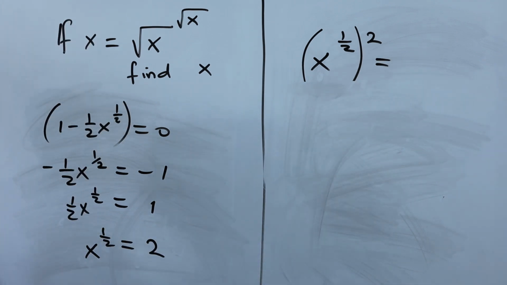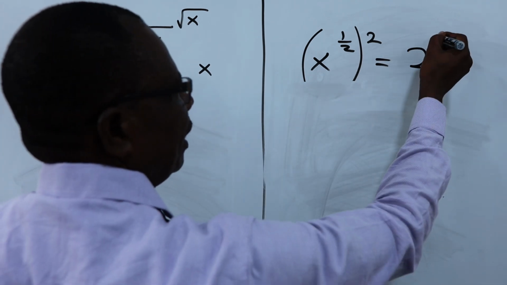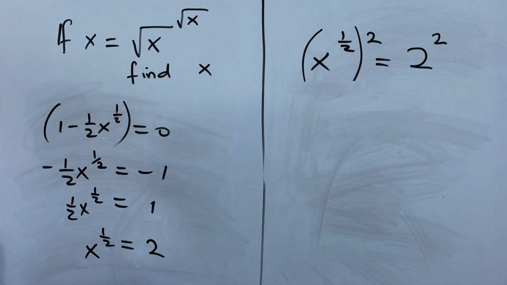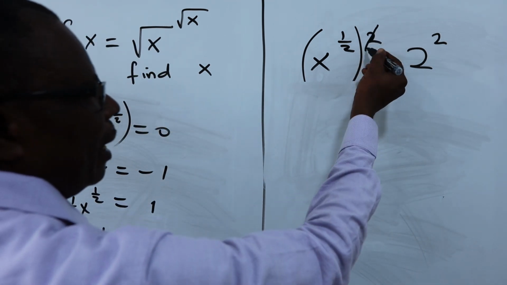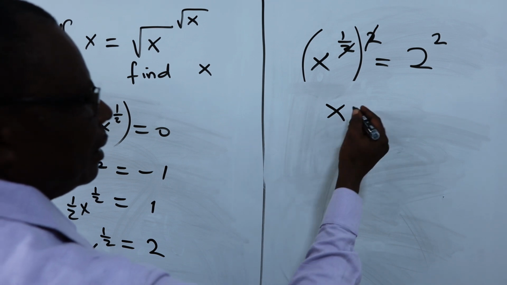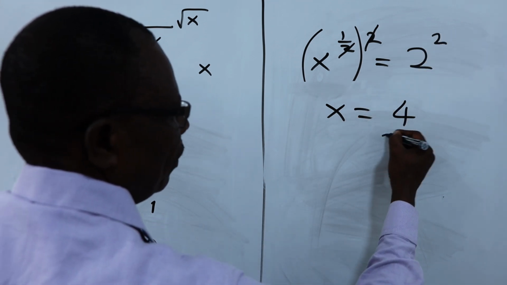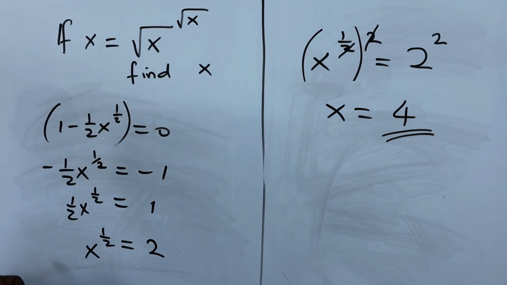And because I've squared the left hand side, I also square the right hand side. We can see from here that the 2 will cancel, and we have x is equal to 2 raised to power 2 is 4. So this is the solution to that problem.